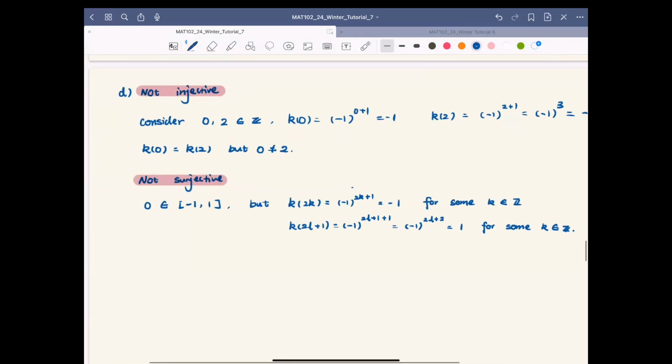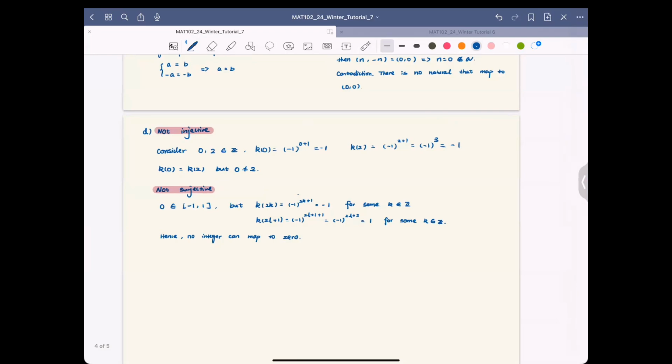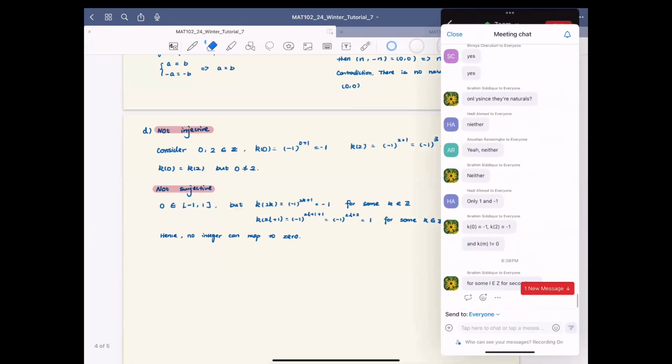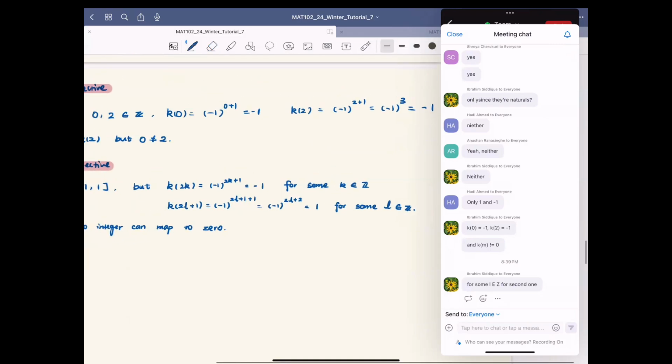So no integer can map to 0. Okay, so we can use this to show that the image is either 1 or -1. At least it's a subset. Oh yeah, for some l. I'm too used to using k. Okay, better?